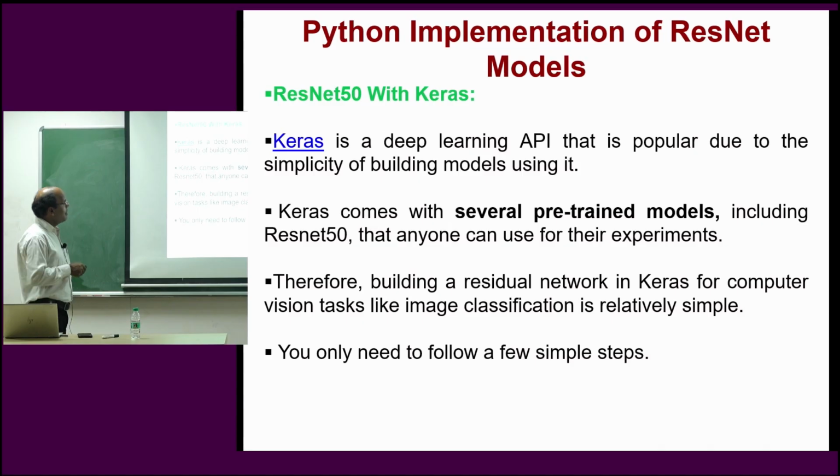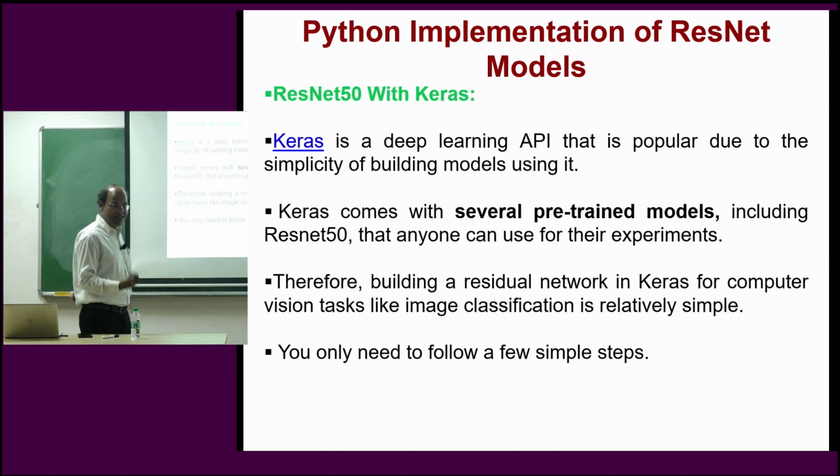This is available with the framework as pre-trained. Keras, as I told you, is a framework front end, and the back end will be TensorFlow. You can use it as an API, with several pre-trained models on the ImageNet dataset. So it is easy to build for various applications.